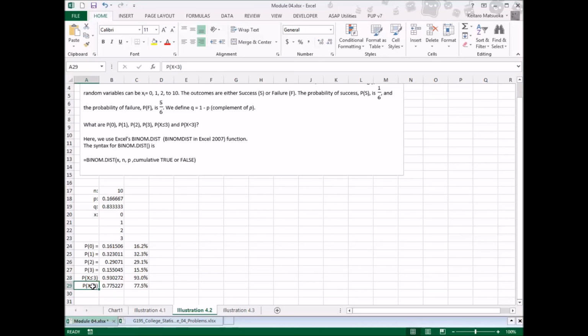So if you don't see the equal sign underneath the less than sign, that means this number up here is not a 3, but it's 2. So in that case, the probability is about 77.5%. So this is how you do a binomial distribution problem in Excel.